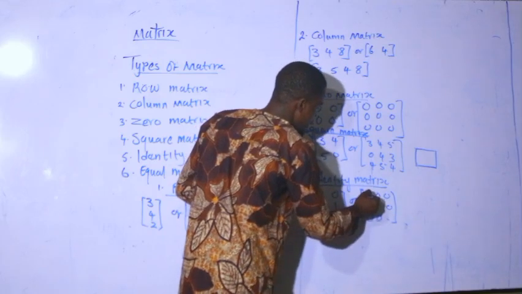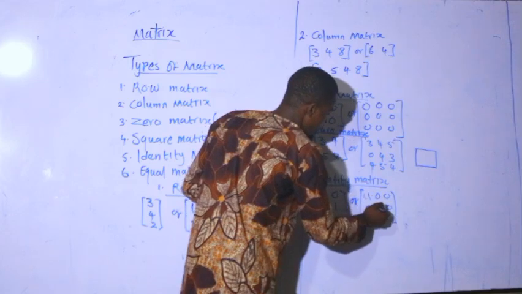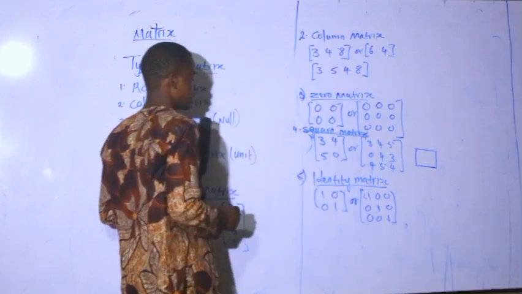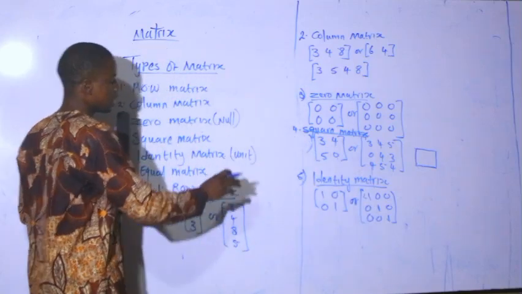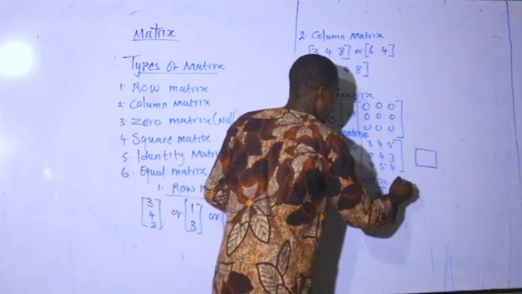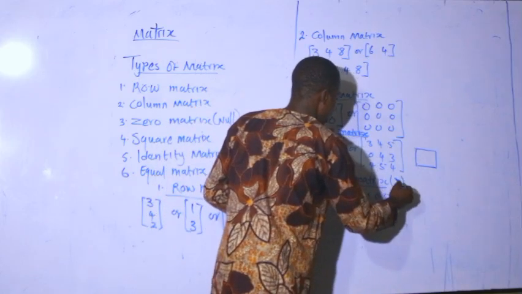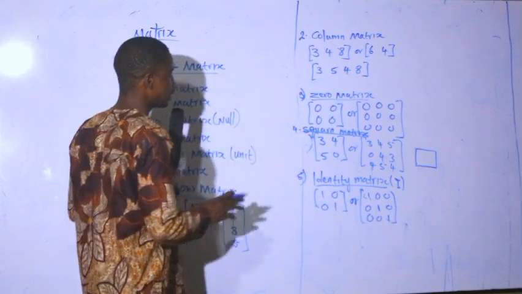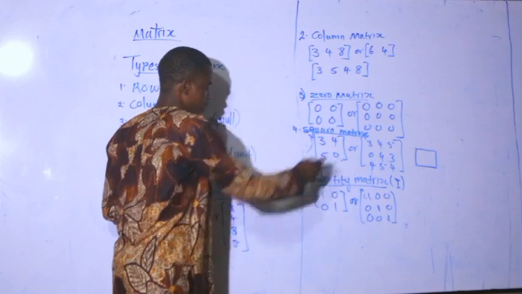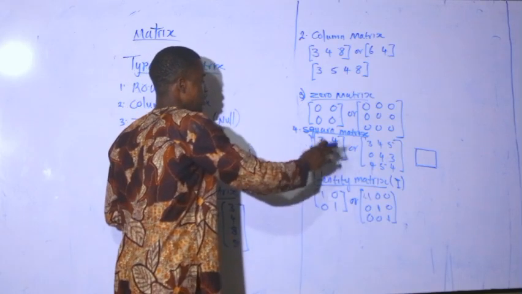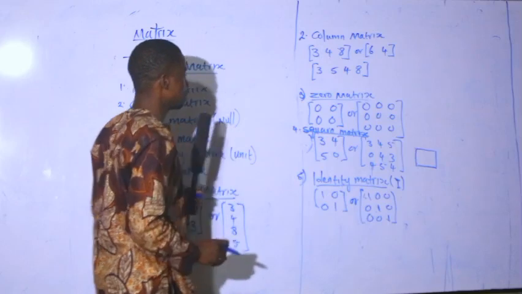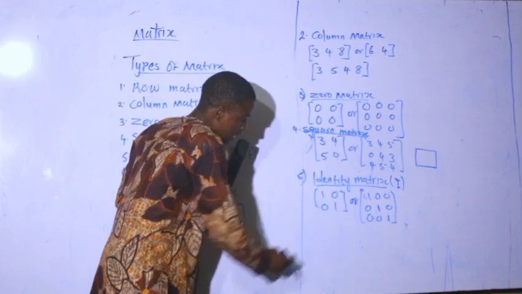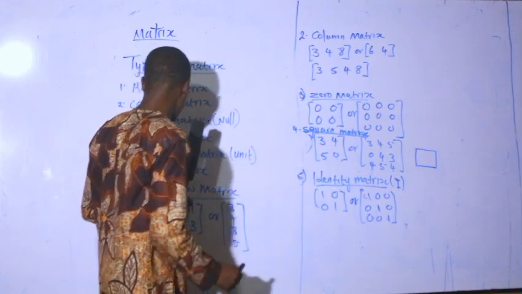Cancel like this. Write 1 here, write 1 here, write 1 here. This is what we call identity matrix. Anytime you see it like this, we use I to represent the identity matrix. It can be a capital letter or small letter. They use it as the identity. When you write identity, anytime they do it like this, it's identity matrix.